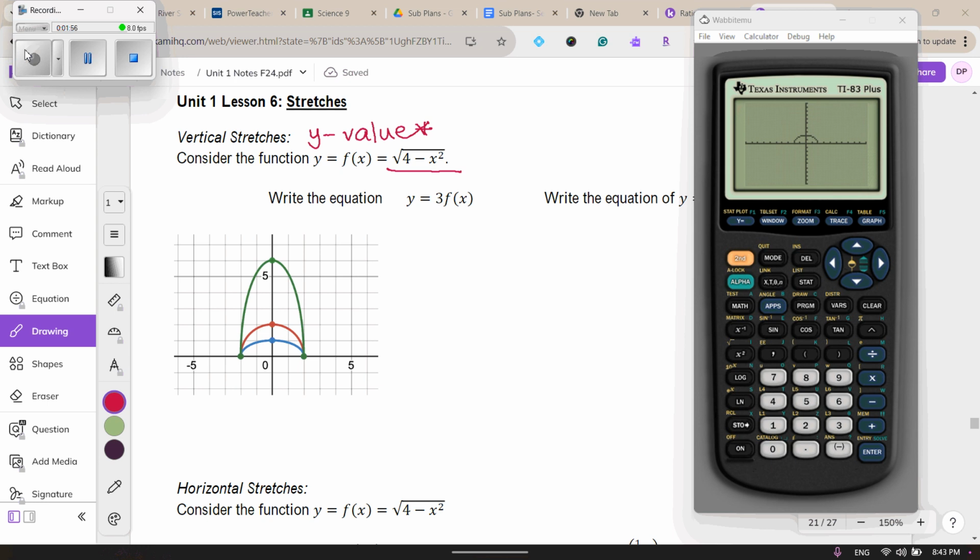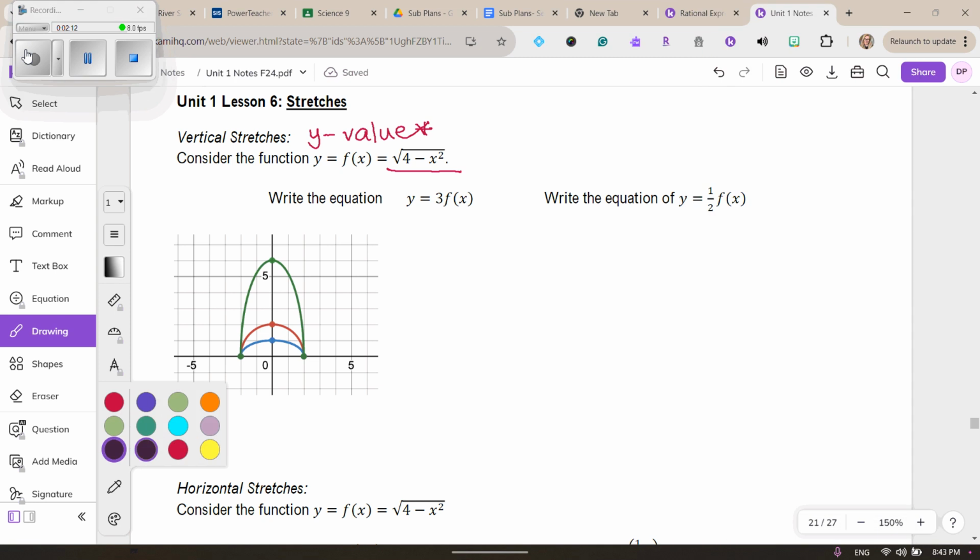If we take our equation, the square root of 4 minus x squared, and we multiply that function by 3, we get y equals 3 times the square root of 4 minus x squared.